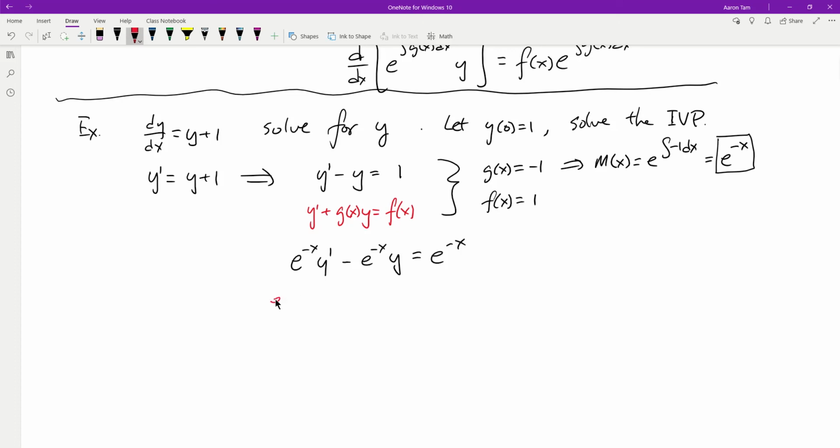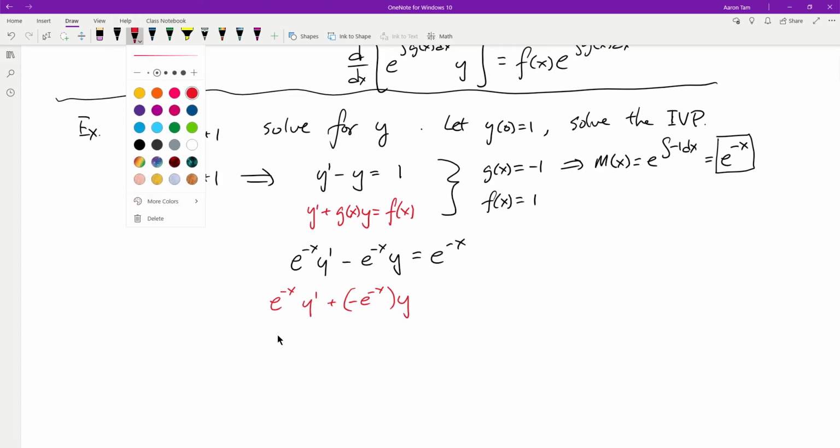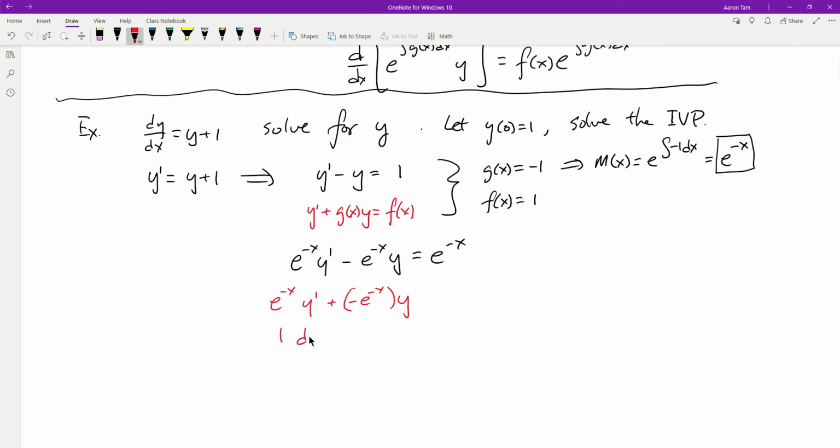If I look at this, that will be e to the negative x y prime plus negative e to the negative x y. Notice negative e to the negative x is the derivative of e to the negative x, and y prime is the derivative of y. So therefore, here's what they form: this is 1, d2, and this is 2, and this is d1.